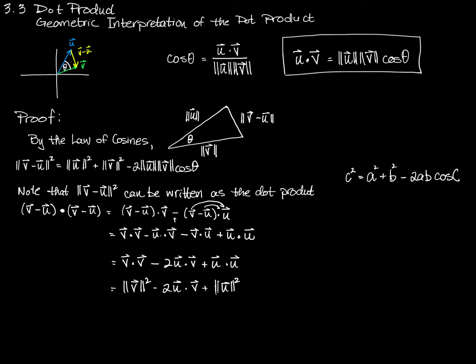Now, I can use this version. I can write this difference squared. This can be written as the dot product. It can be written this way, and it all comes down so that it looks like this.